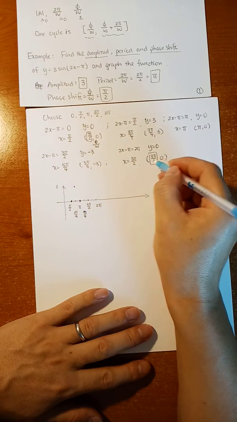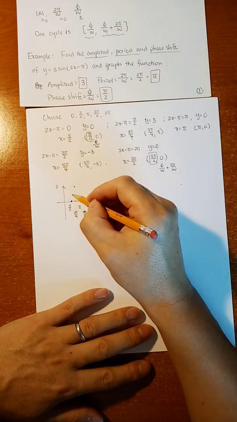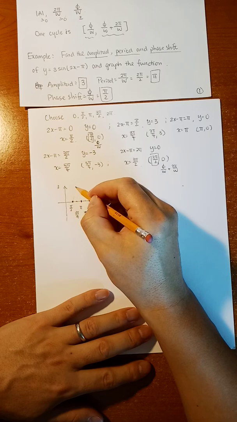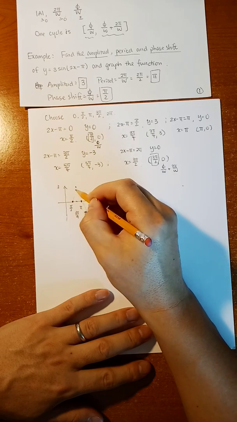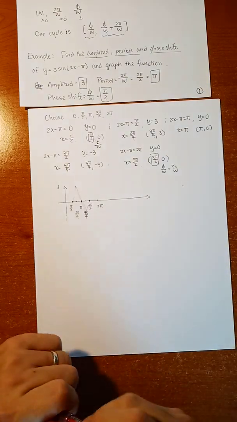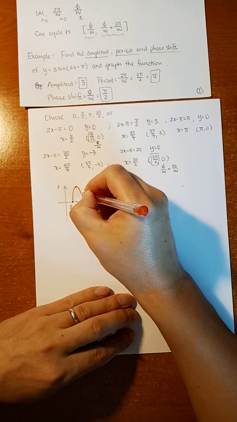And 3 pi over 2 is 0 again. You see this pattern? It looks like this. Just connect those five special key points, and then use a smooth curve to connect those 5 points.